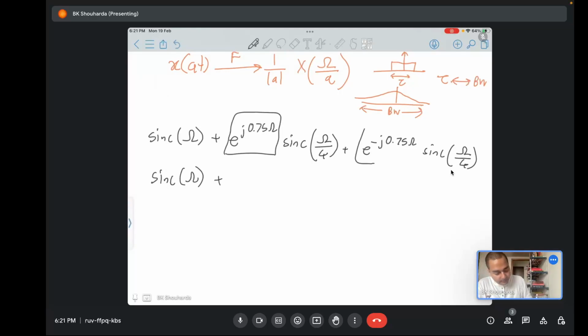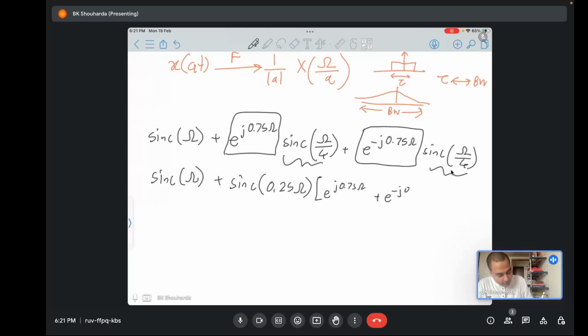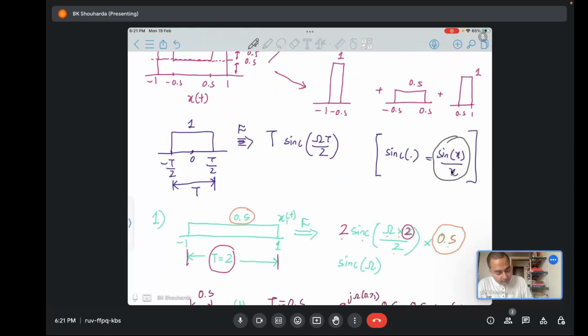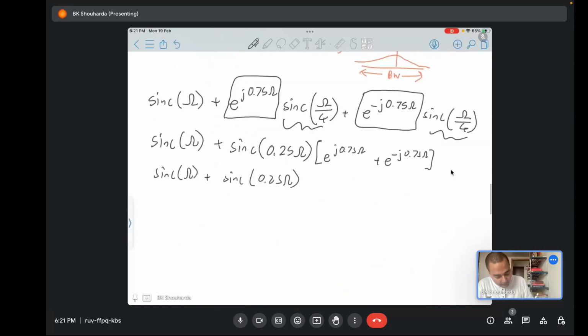I combine this because this is constant, sinc of 0.25 omega times e to the power j 0.75 omega plus e to the power minus j 0.75 omega, sinc omega plus sinc 0.25 omega. Note that the definition of sinc that I am using here is sin x upon x. This gives 2 cos of 0.75 omega.